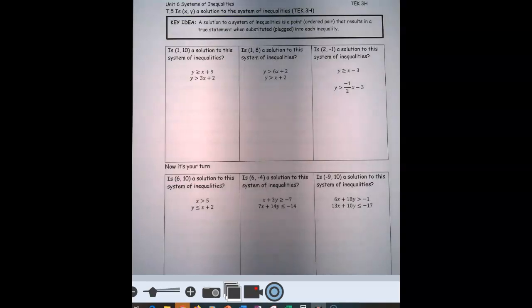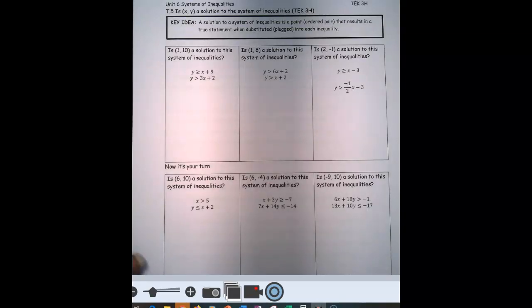This time, what we're saying is that because it's an inequality, there is a solution set, meaning there's more than one right answer. And we're just trying to find out whether this ordered pair is one of the right answers.